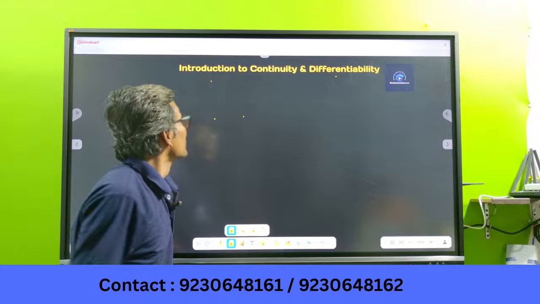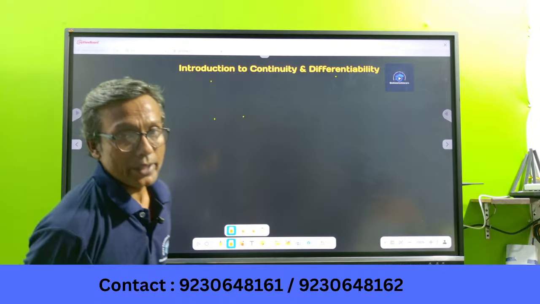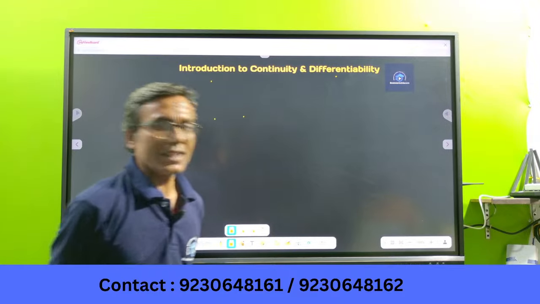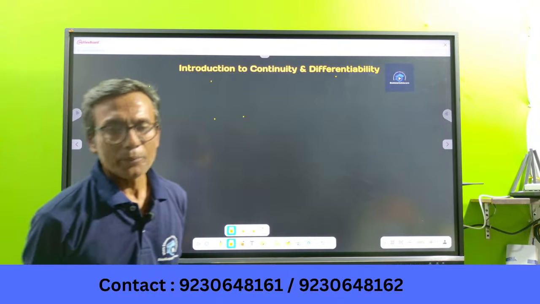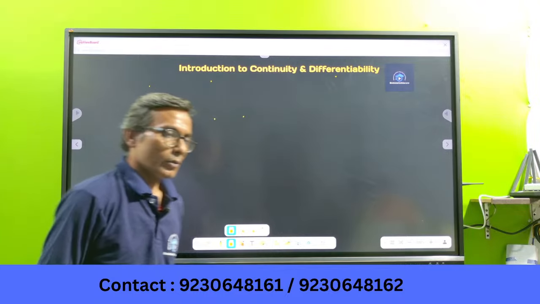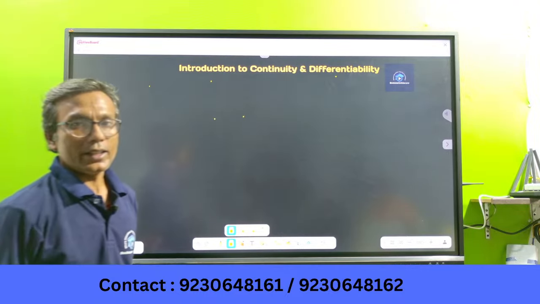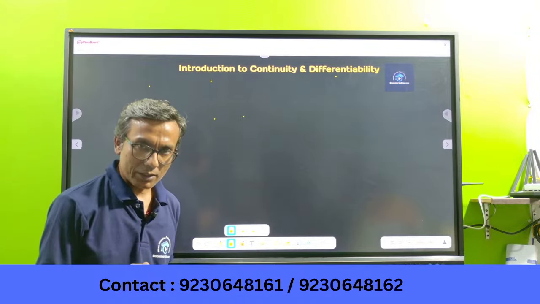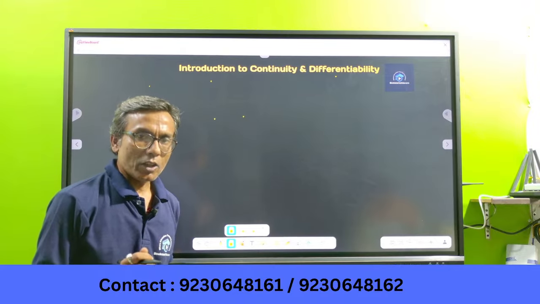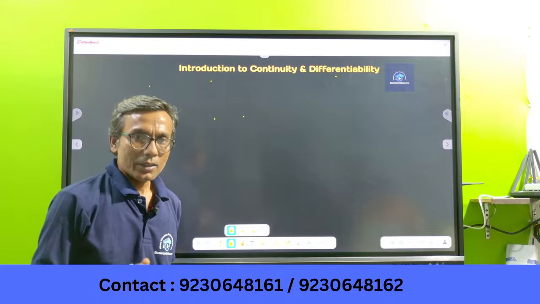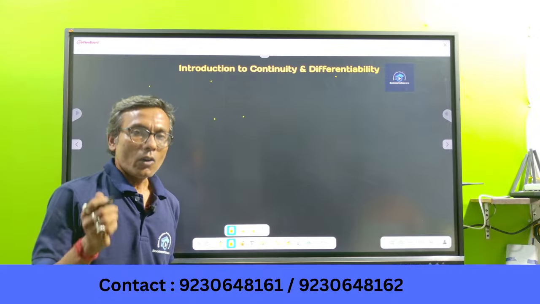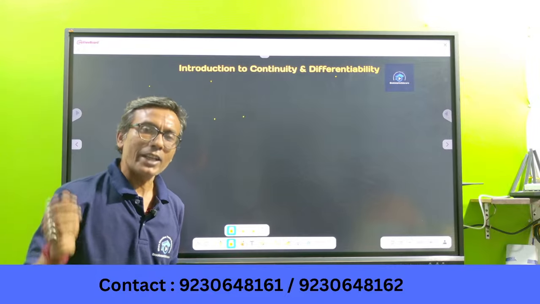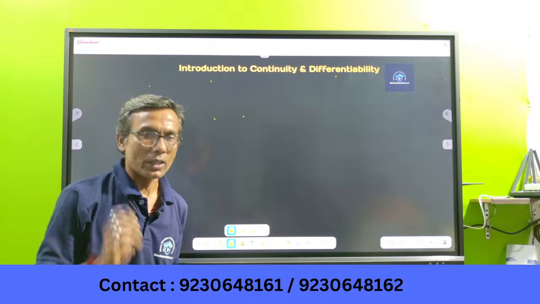A function is said to be continuous at any particular point, say c or a, if and only if the right hand limit of the function, the left hand limit of the function, and the value of the function at that particular point are equal.